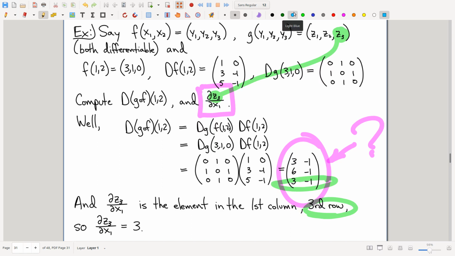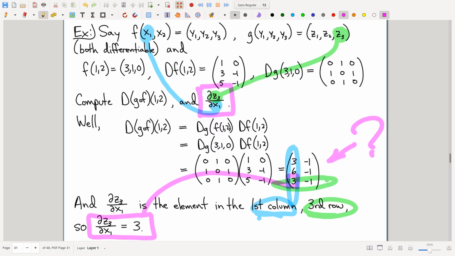Analogously, notice our partial is with respect to x1, which is our first of our two input variables, which means that the partial is going to be in the first column. So I'm looking, apparently, in this matrix, for the number which is in the first column, third row, and that makes it this value right here, which is 3.